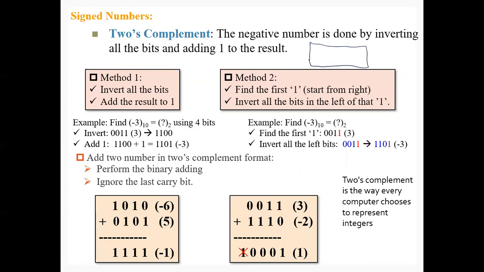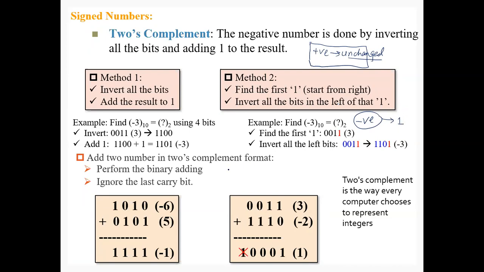Positive numbers, in the 2's complement, remain unchanged. Again, a positive number is not a problem. How about the negative numbers? Negative numbers, you do exactly as you do in the one's complement, okay? So in the one's complement, how do you represent negative numbers?